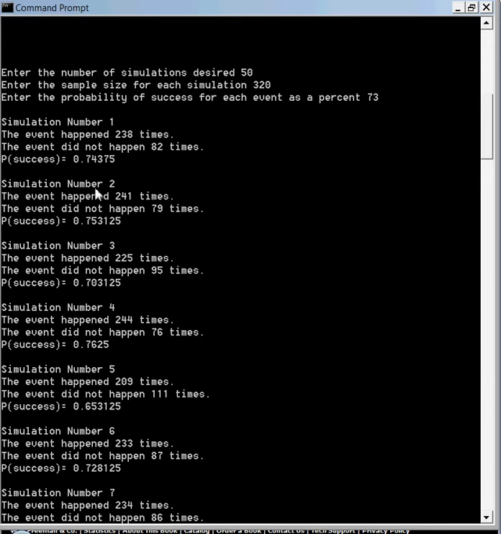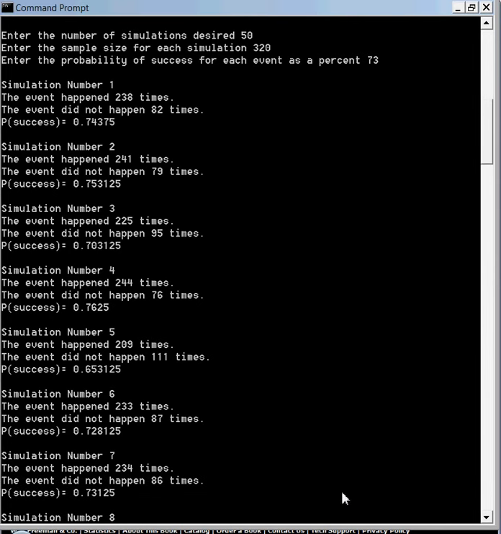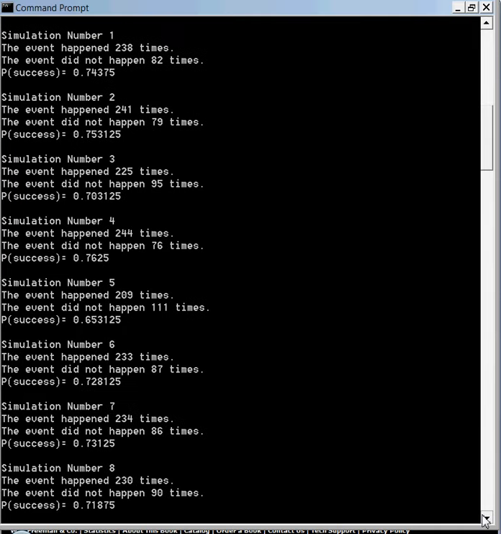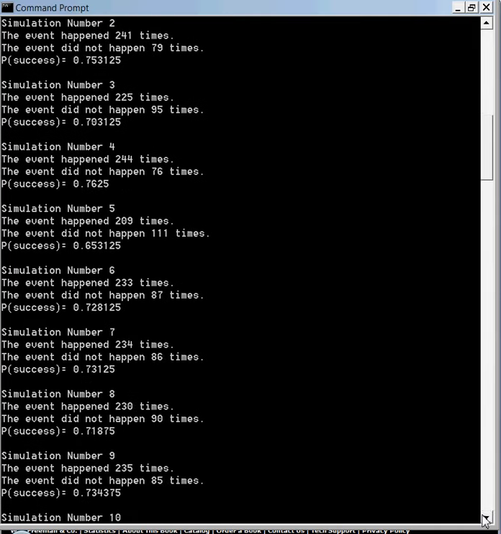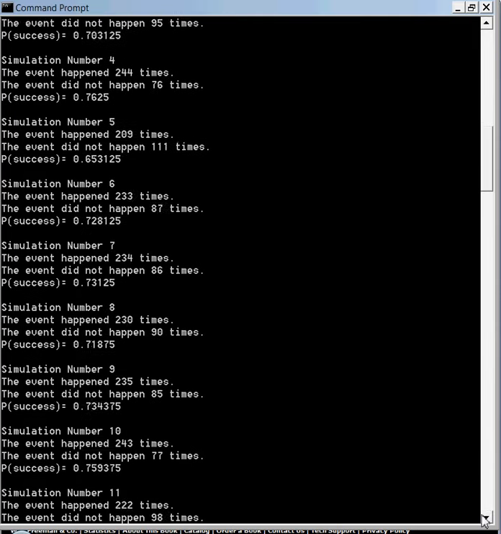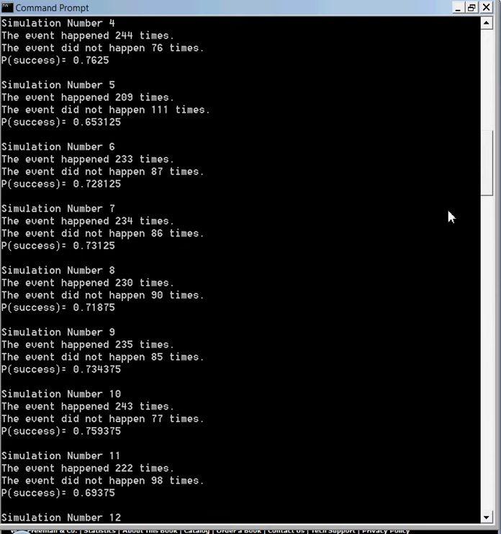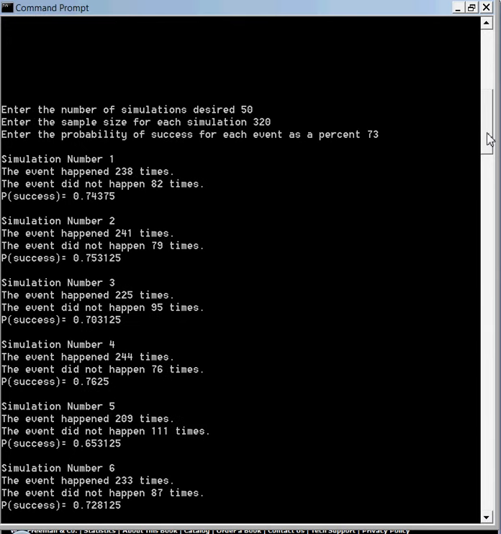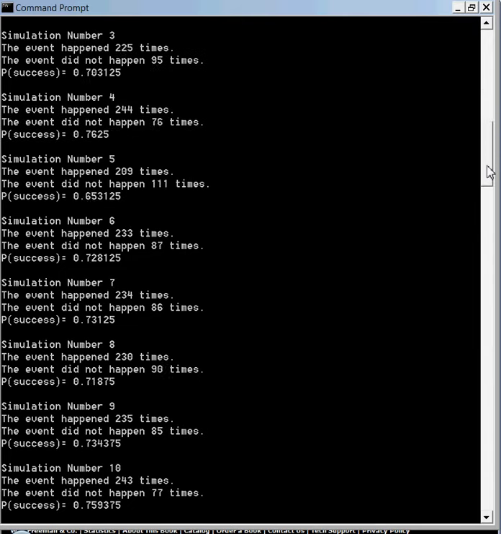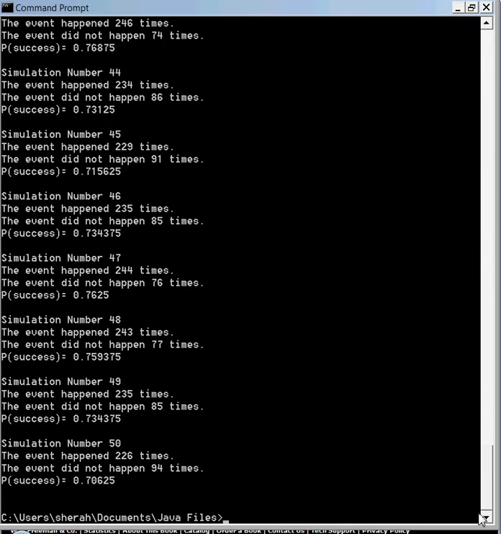You can see 74, 75, 70, 76. 65 is a little bit out there, but if you keep on going down, you see 73, 72.8, 72, 73, 76, 70, 69. I can't read anymore. But anyway, you get the point. I just like making my life easier, and so I did this.